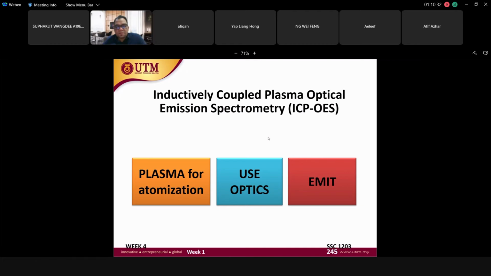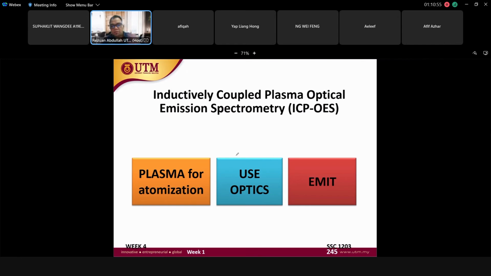So now we learn about ICP OES. As I told you, now the analyte is not transformed into atoms but into plasma. The atomization is in the plasma, and it uses optical emission, also like AES.